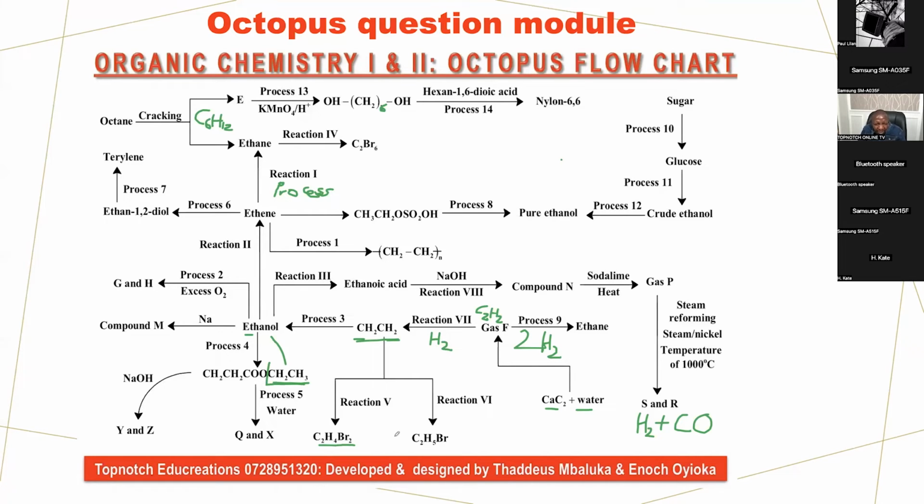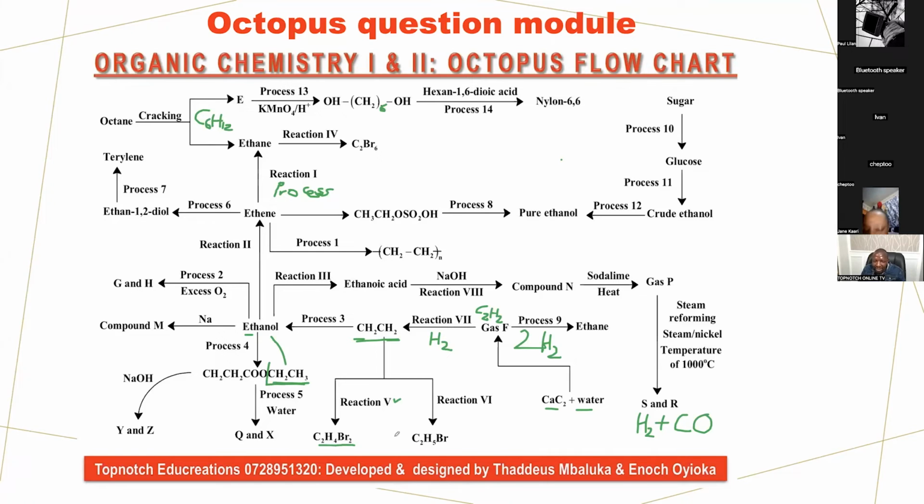Addition of hydrogen halides. Hydrohalogenation. We have added bromine. That answer there, simply addition. That answer is enough.